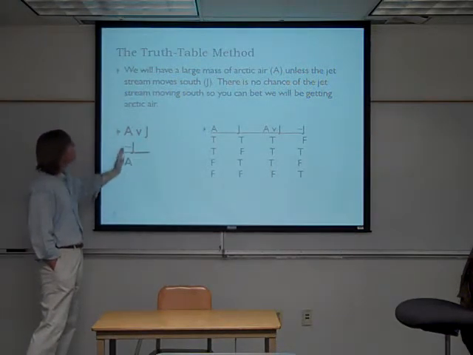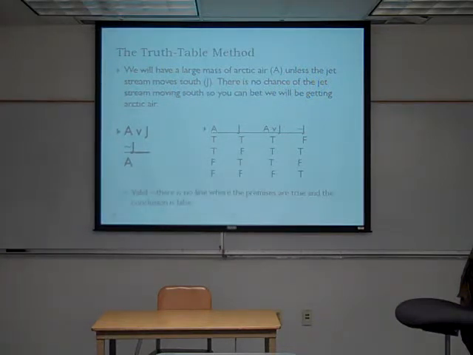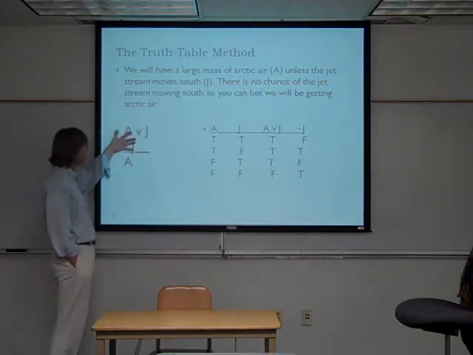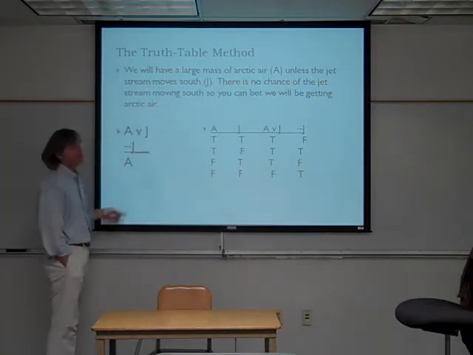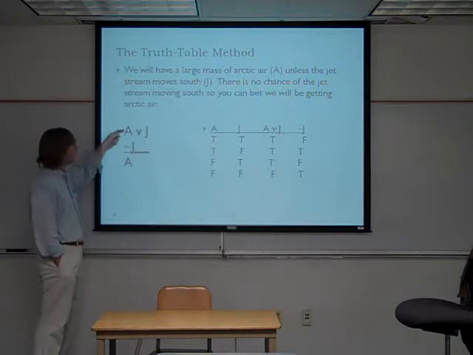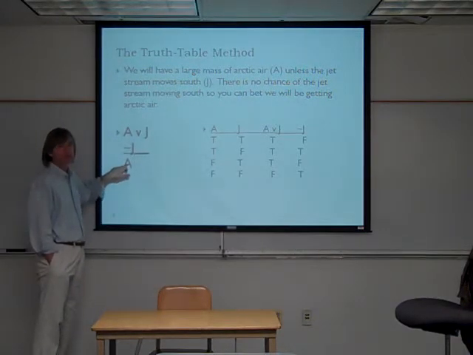So this is a formalization of this argument. Now, in order to test the validity of this claim, we need to construct a truth table, and then we need to make sure that there is no instance where both this and this are true and this is false.